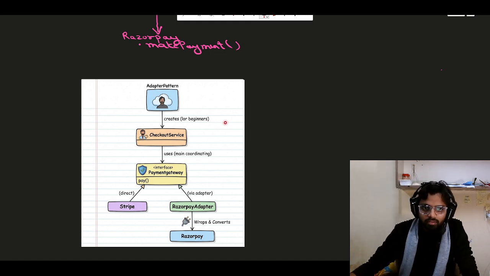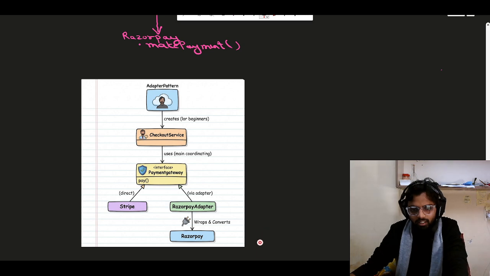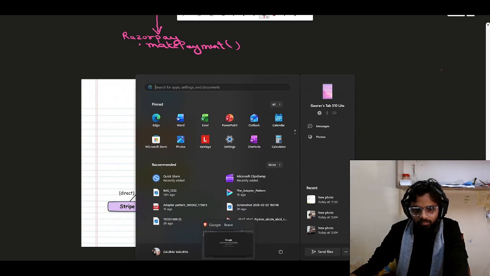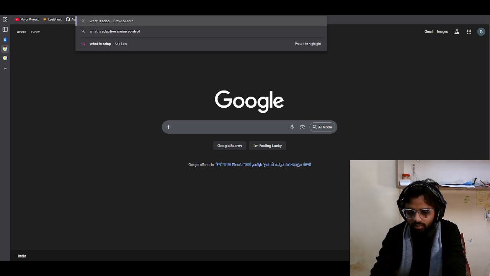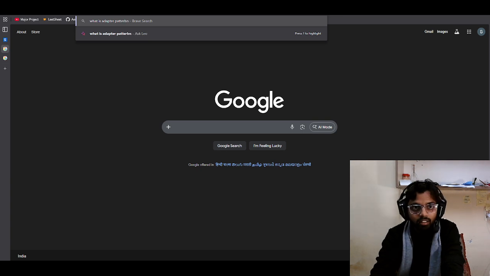So how can I define it? What is the adapter pattern?